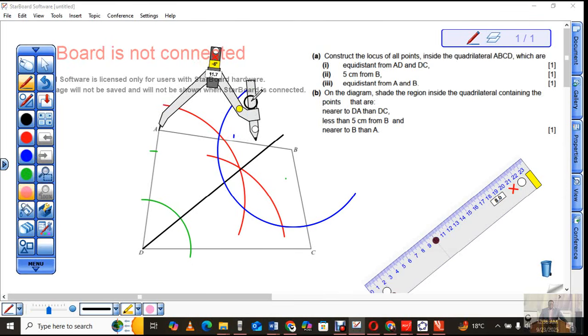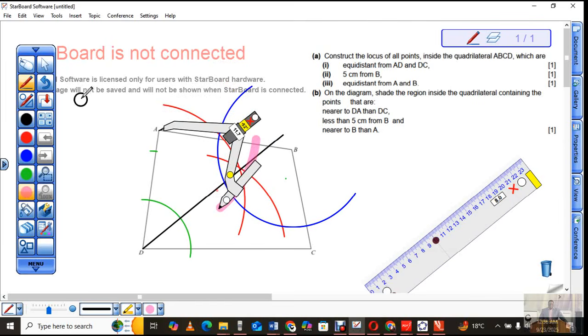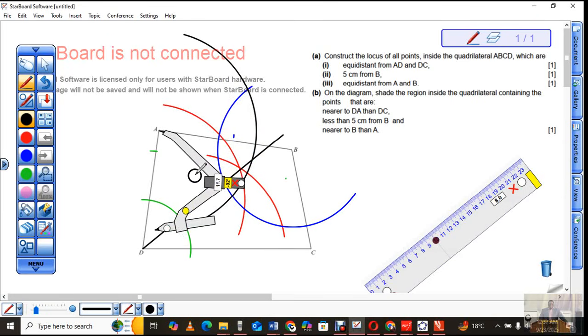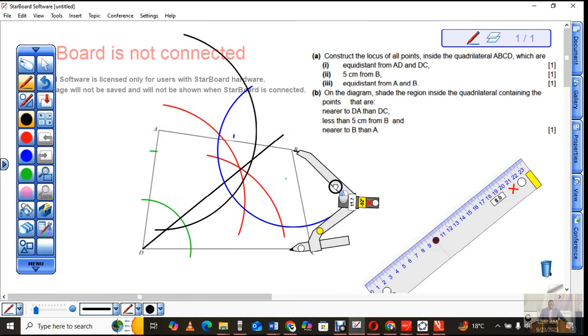So maybe we'll be doing this. Let's see. Oopsie. I was looking for a color. That is not the color I was looking for. Let's just make it black. So I'm going to put it over there. I know it's messy. Put this one over there.